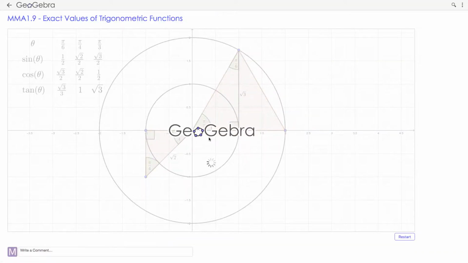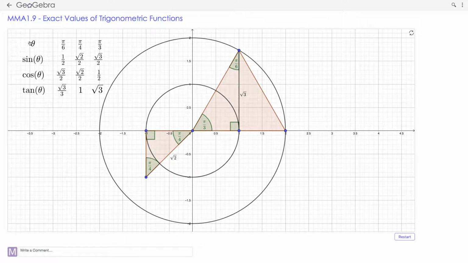Now we've looked at any old angle theta, and then we got some number out of this. I even said that you need an infinite number of digits to give the exact value.